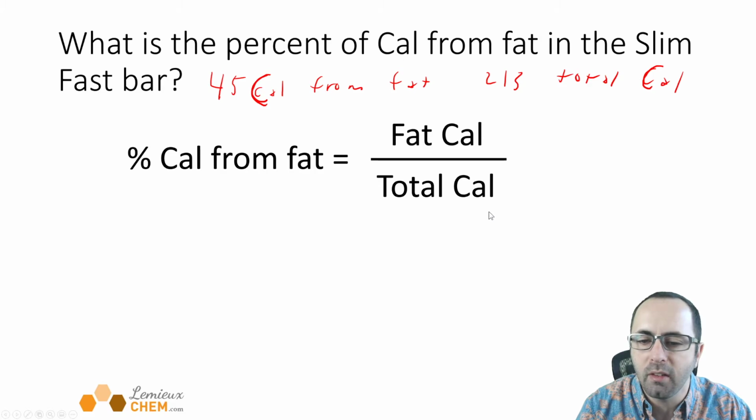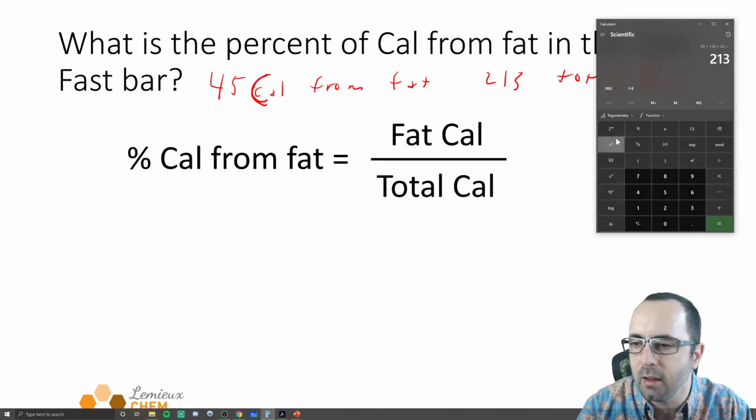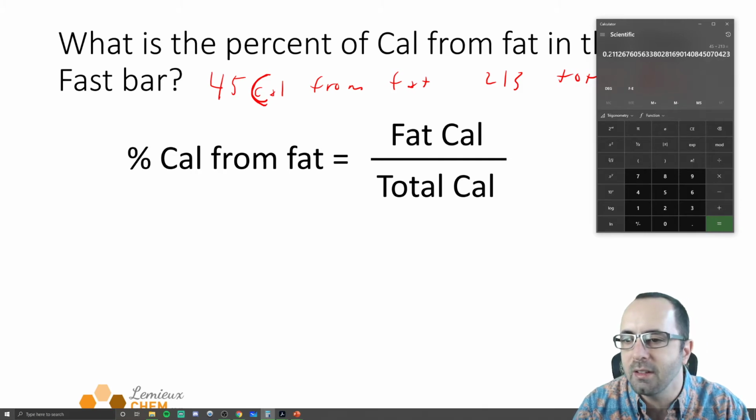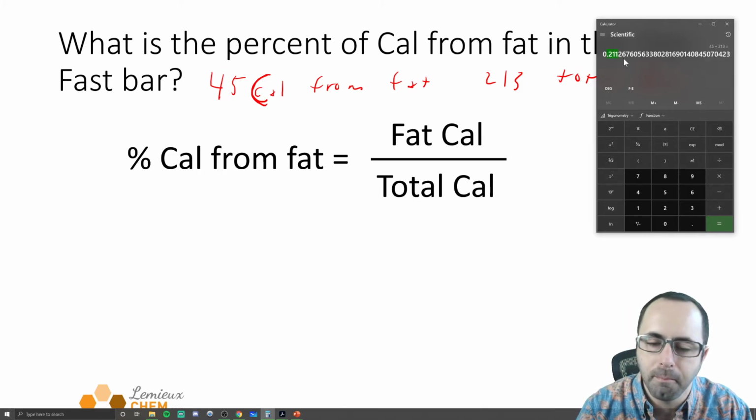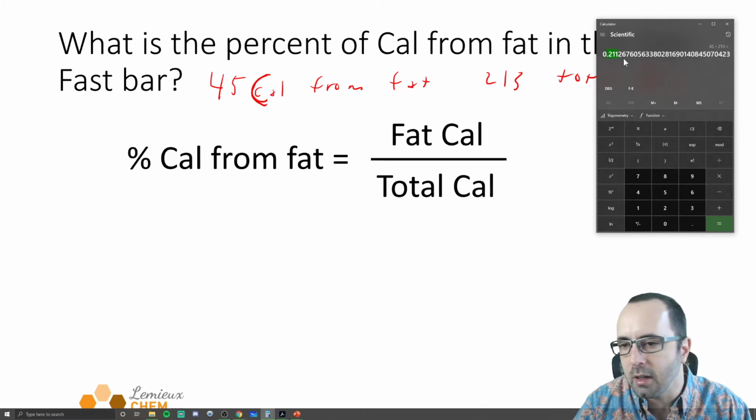Now this will give us a fraction. Let's go ahead and calculate that fraction. 45 divided by 213. What I mean by a fraction is this gives us a number that's less than 1, of course, because the part can never be bigger than the whole thing. So your number here is always going to be a number less than 1, a fraction of 1, right? 0.211 we have here.